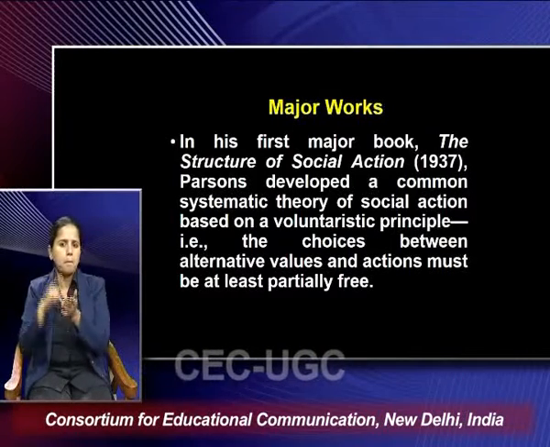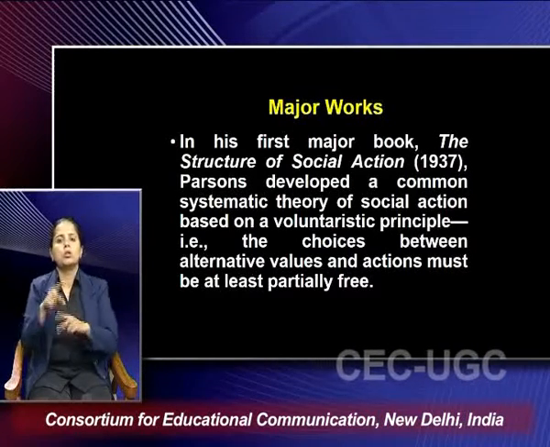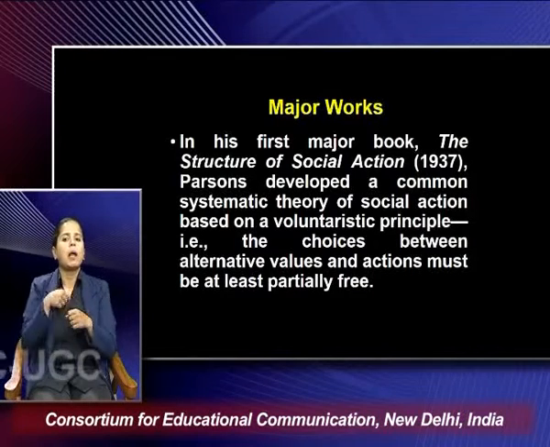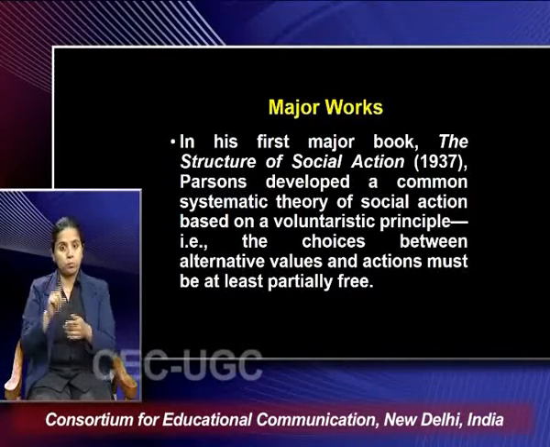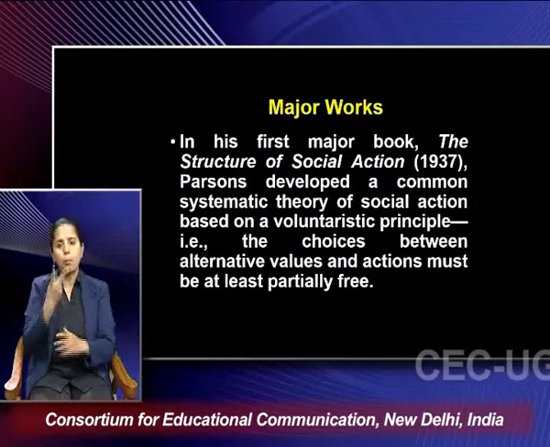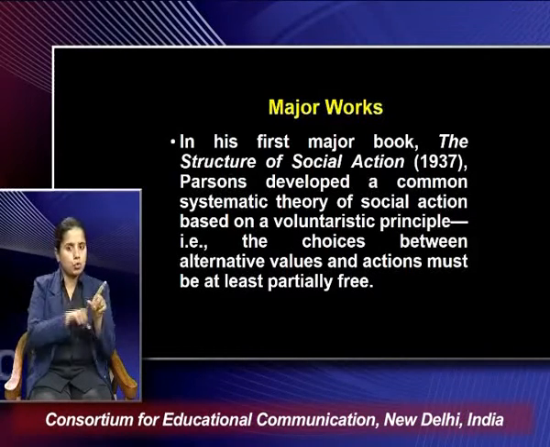So in his major book, The Structure of Social Action, he develops a systematic theory of social action. Initially, it was voluntaristic. So for him, it is both the agency and the structure that will interact in order to produce an action.